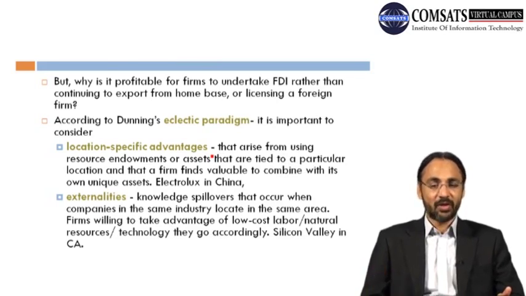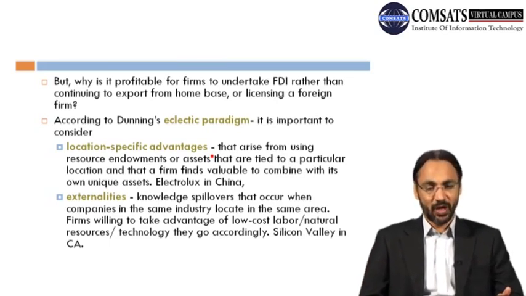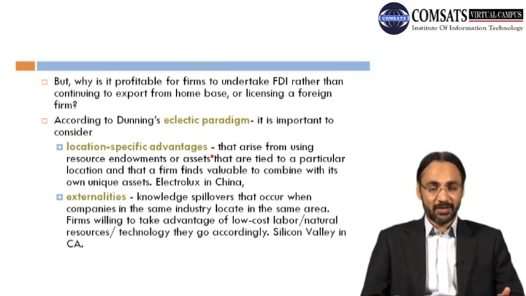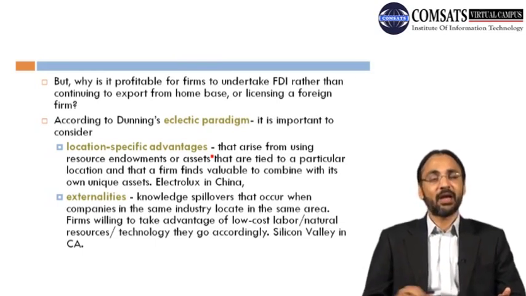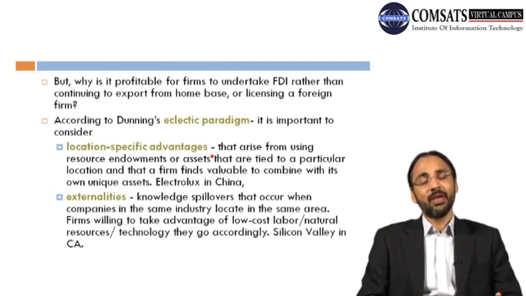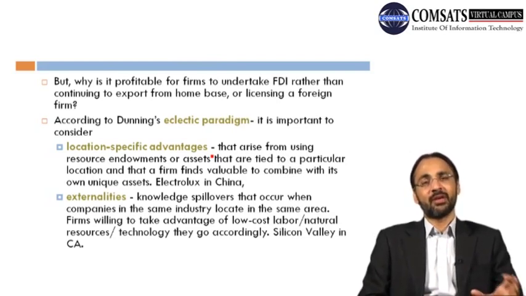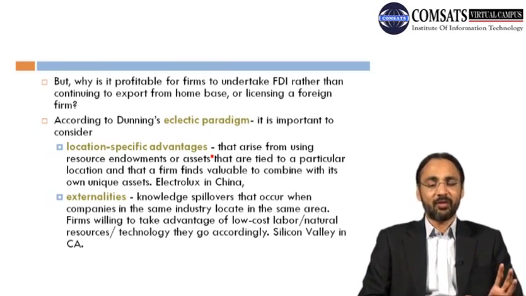What does this mean? Location-specific advantages arise when firms use resources, endowments or assets that are tied to a particular location, which a firm finds valuable to combine with its own unique assets, like Electrolux in China. This theory is fundamentally based on the concept of location advantages.